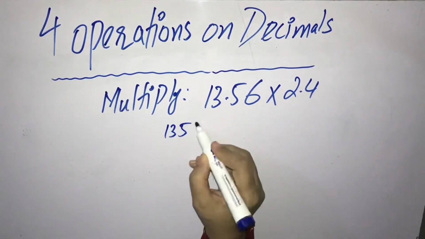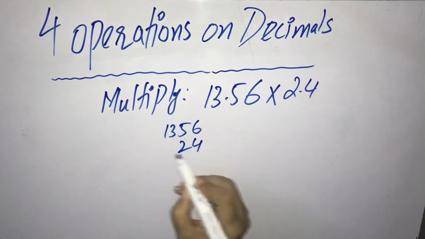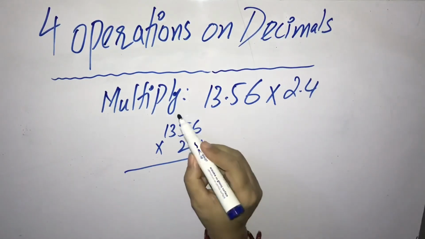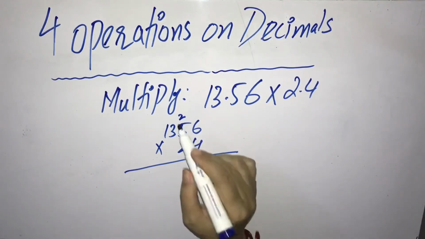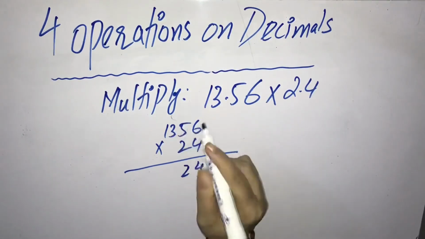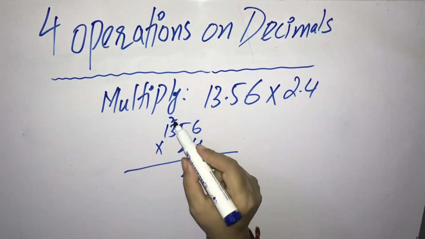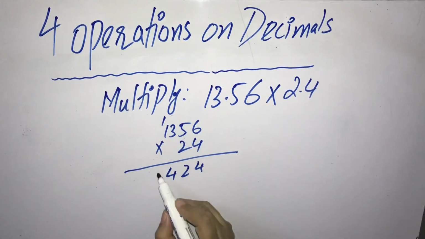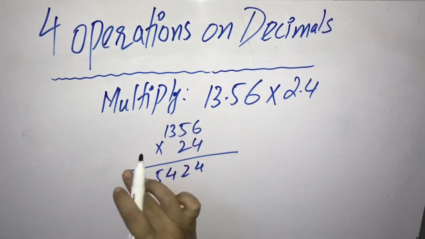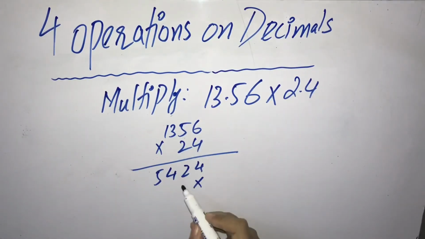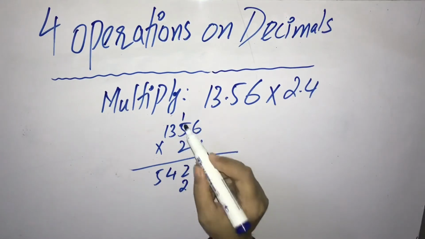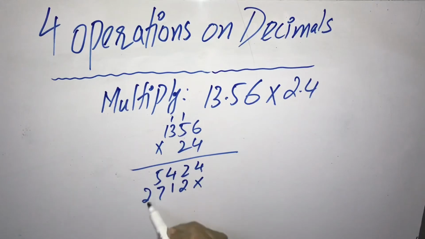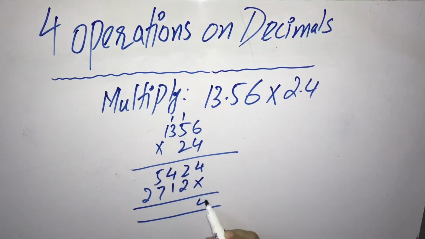I shall take the numbers without decimal and do the usual multiplication. 4 6s are 24, 4 here, 2 there. 4 5s are 20 and 2 is 22, 2 here, 2 there. 4 3s are 12 and 2 is 14, 4 here, 1 there. 4 1s are 4 and 1 is 5. Now multiply by 2: 6 2s are 12, 2 here, 1 there. 5 2s are 10 and 1 is 11. 3 2s are 6 and 1 is 7. 2 1s are 2. The answer is 4 4.